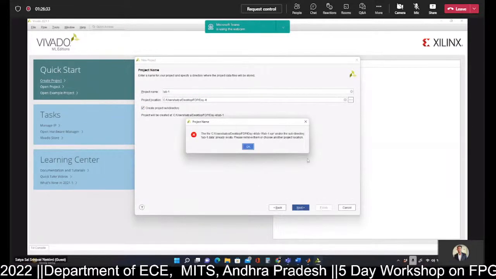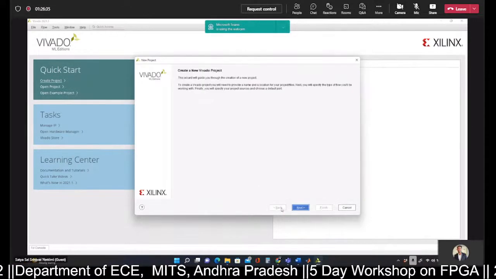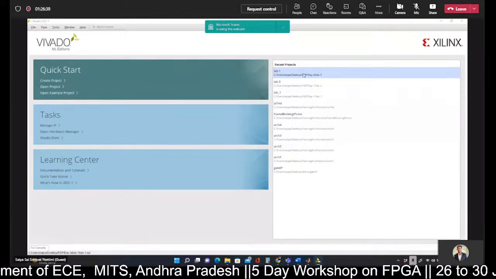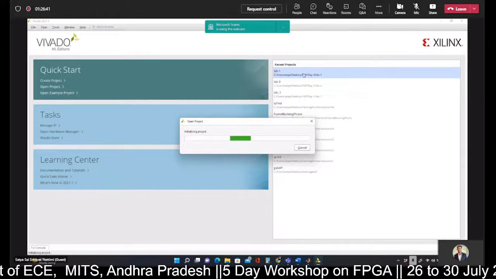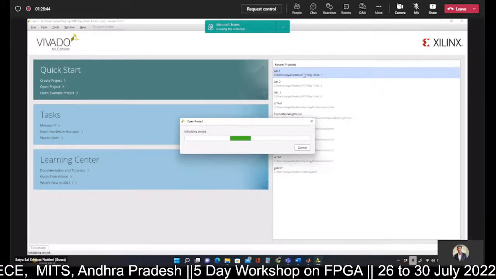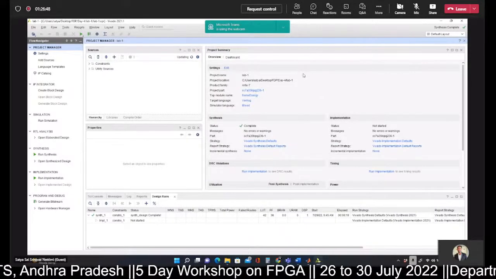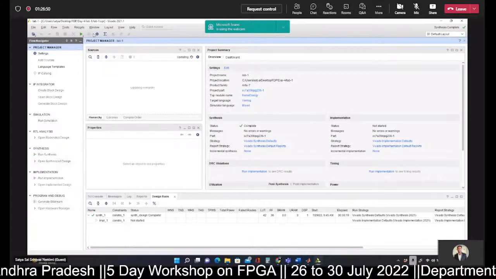Click on next and then save it. I had already created my files, so I will open my project. Create a directory as you desire, maybe day 4 and then lab 1.